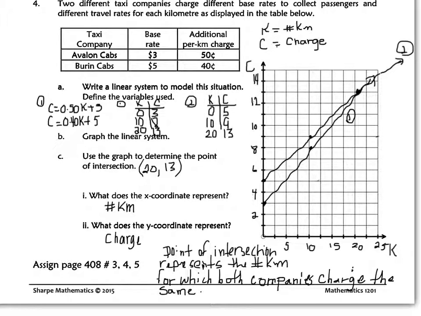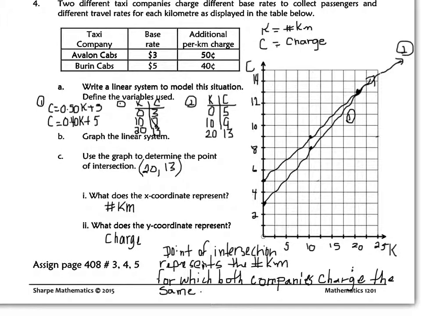And looking at that graph too, even though it doesn't ask you there, you can tell from the graph which company would be better to go with, depending on the kilometers you're driving. For example, company 1, if you're driving up to 20 kilometers, is actually cheaper than company 2's graph, which is Bjorn Cabs.